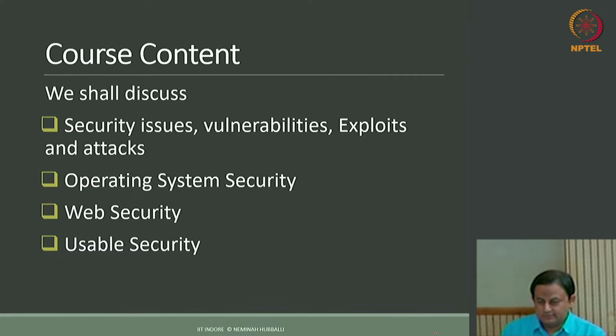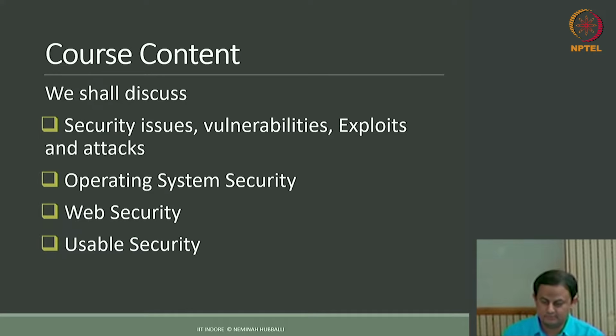The content of this course is divided into 4 parts. In the first part, we'll see the security issues, where they originate, and the difference between vulnerabilities, exploits and attacks. What are these? And then in the second part, we'll study operating system security: what are all the safeguards that the operating system provides, the security mechanisms which are inbuilt.